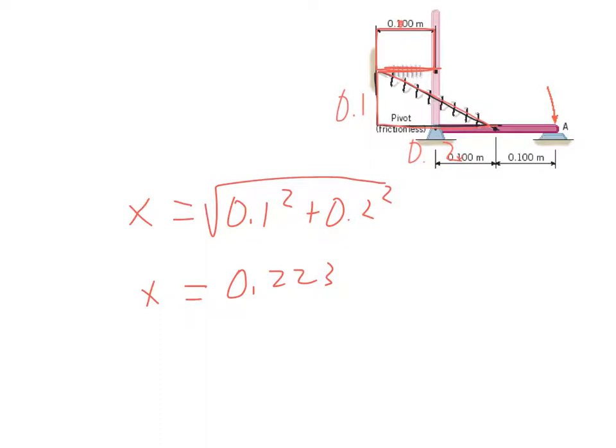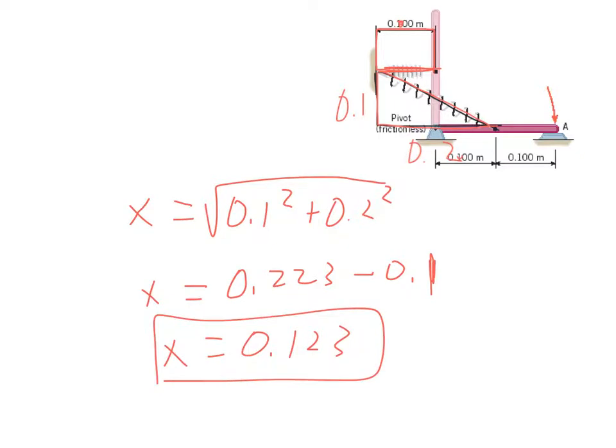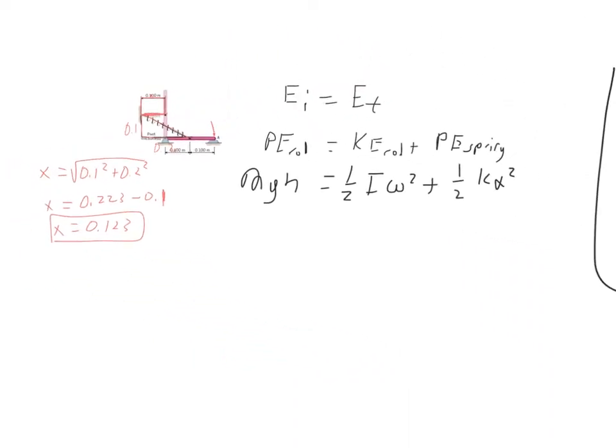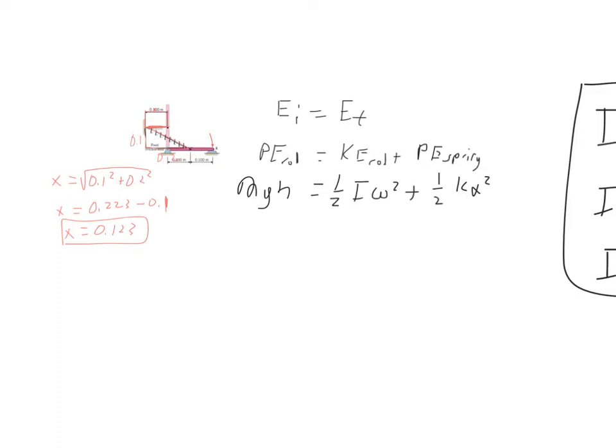The x really only represents the stretch. So you actually want to subtract 0.1 off of that, which gives you the x that you're really looking for, which is 0.123. Okay, so see what I mean about a lot of things to think about here? Remember, x is how much it stretches. It was already at 0.1, it's now at 0.223, so the amount it stretched is really only 0.123. So now we have all the information that we need.